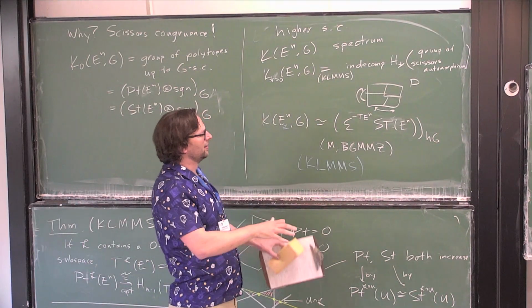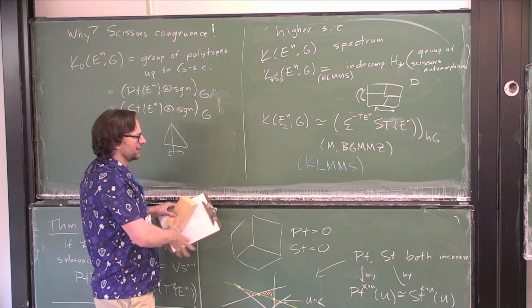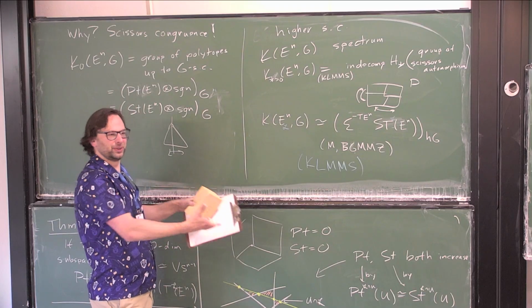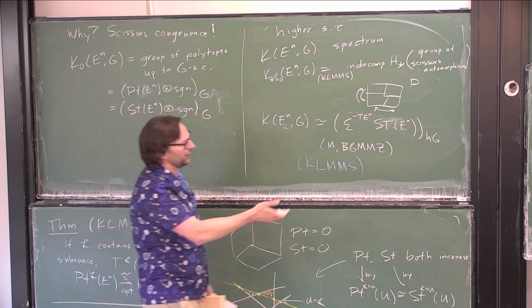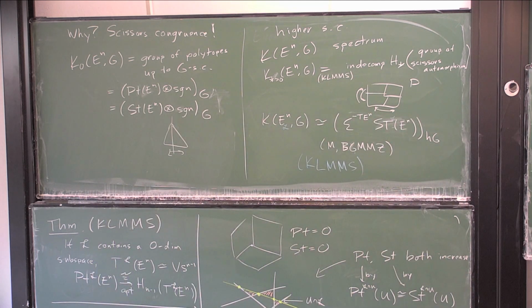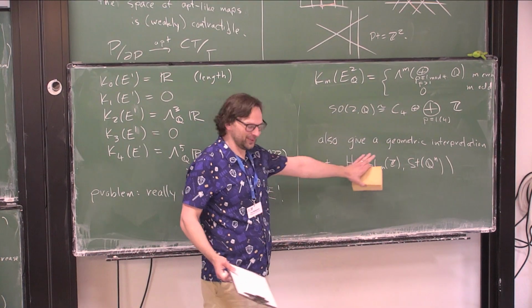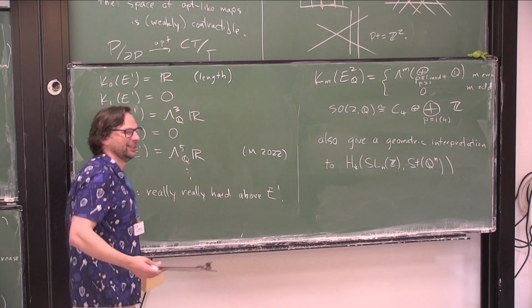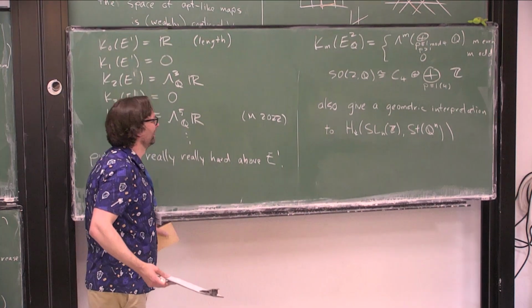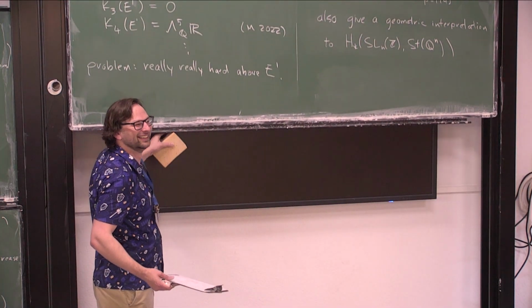Scissors congruence is originally this thing where you're approaching something very geometric and thinking in terms of the real numbers. But if you make the framework flexible enough, you can use that geometric intuition to interpret this. This is also a direction that I'm pretty excited about, and hopefully you are intrigued by as well, given the content of this conference.